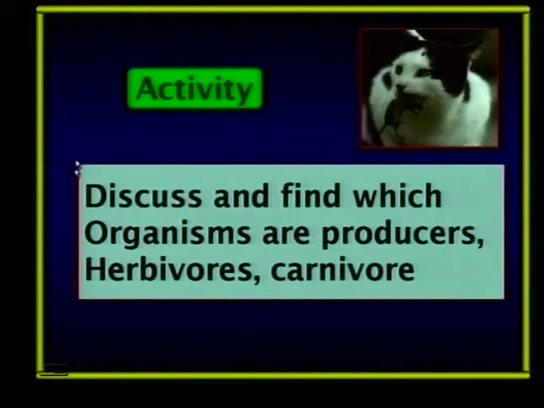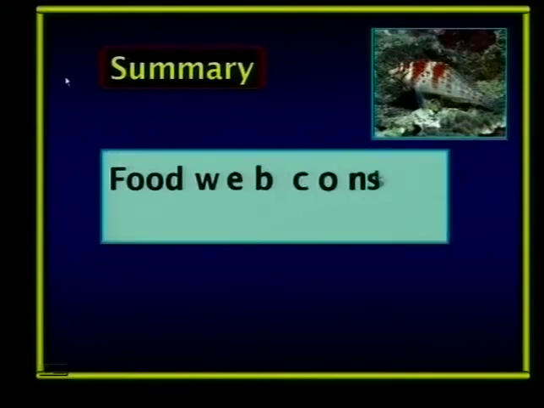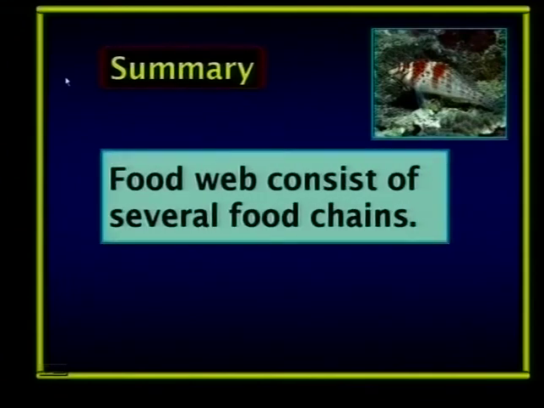Our summary for today's lesson, we have only one summary point: a food web consists of several food chains.